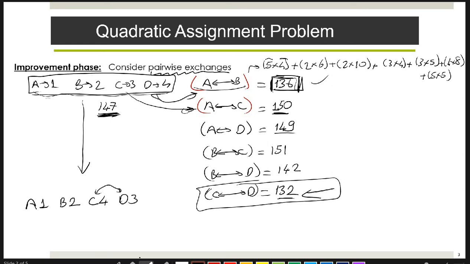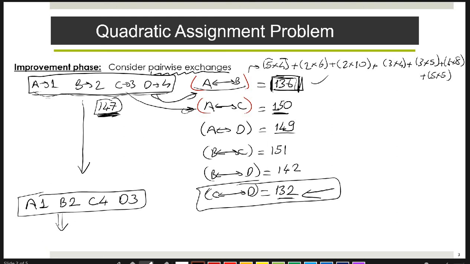Okay, now what should I do? Should I stop? Actually, no. We just improved this 147. Yes, we improved it, it's very good. But maybe if I try to change the locations of the machines on this solution, I can even improve the objective function value.